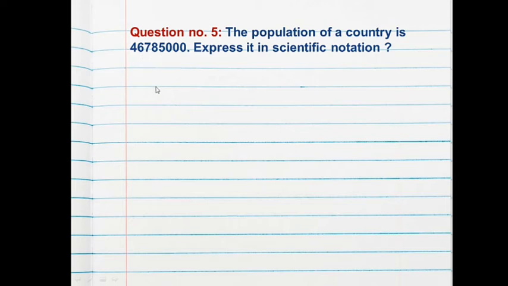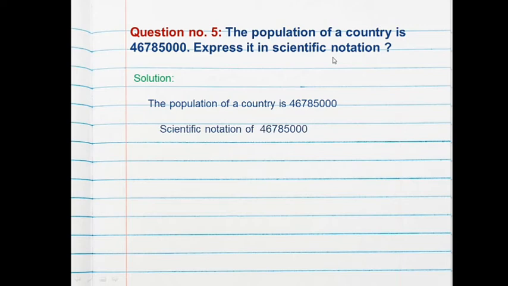So the population of a country is given as 46 crore 7 lakh 85,000, and this population we have to express in scientific notation, and scientific notation means nothing but exponential form. So here the solution: the population of a country is 46 crore 7 lakh 85,000.